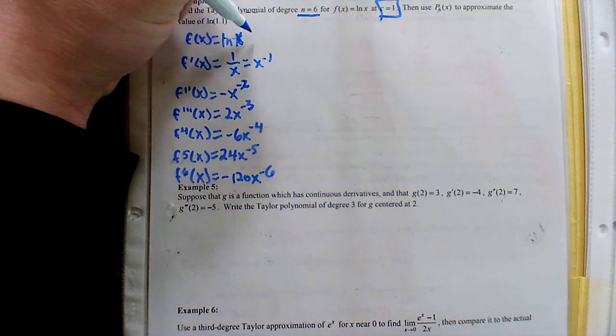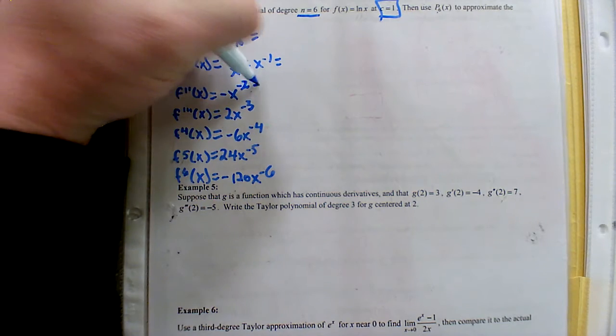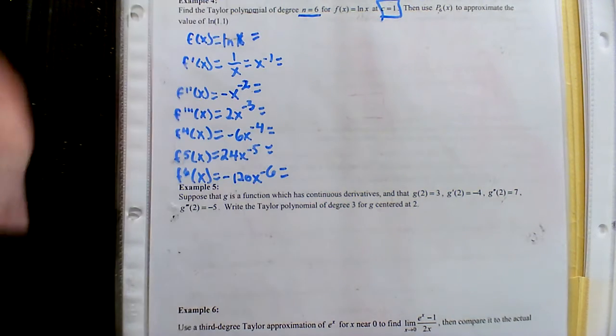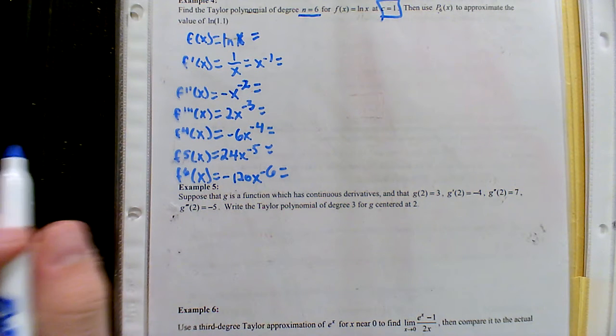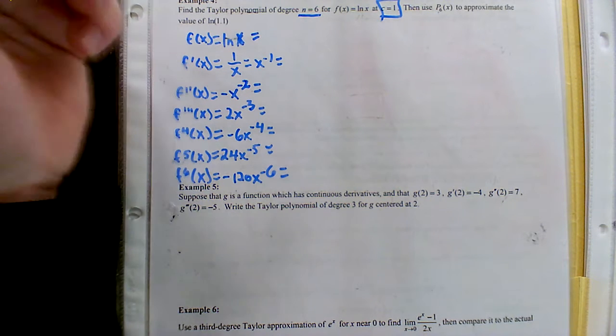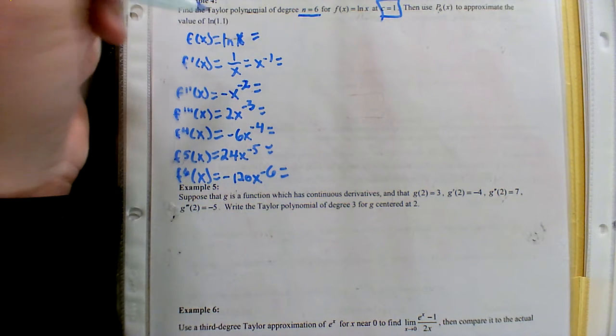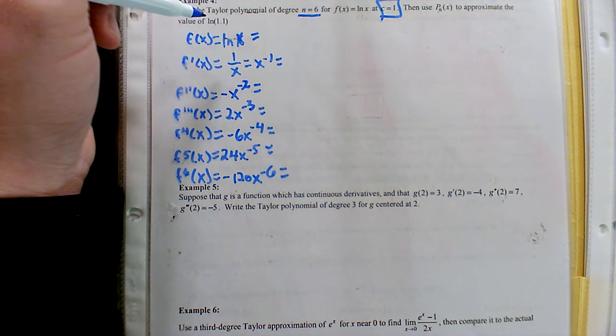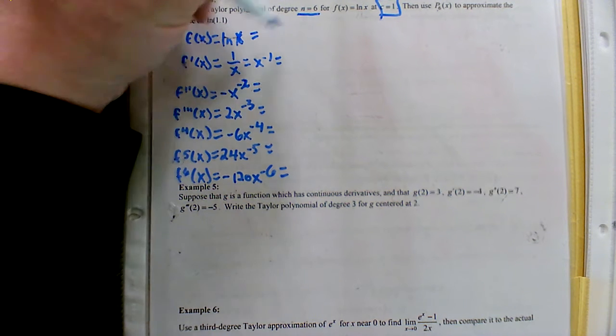So now we need to evaluate each one of these at the center. Well, we know the center is 1. So if we evaluate each one of these now, ln of 1, sorry, is what? Ln of 1. 0.